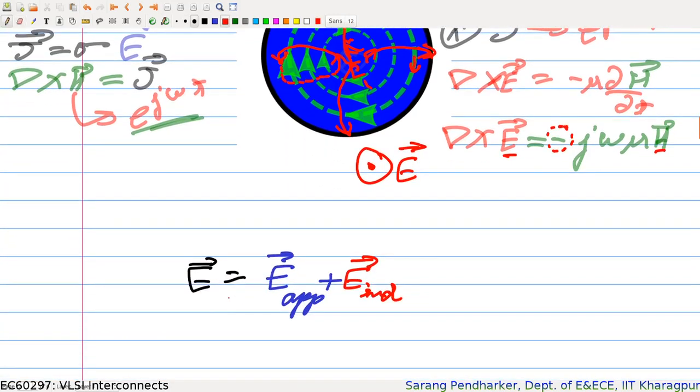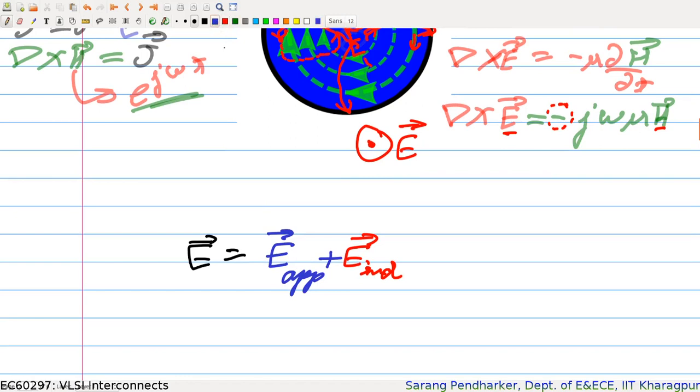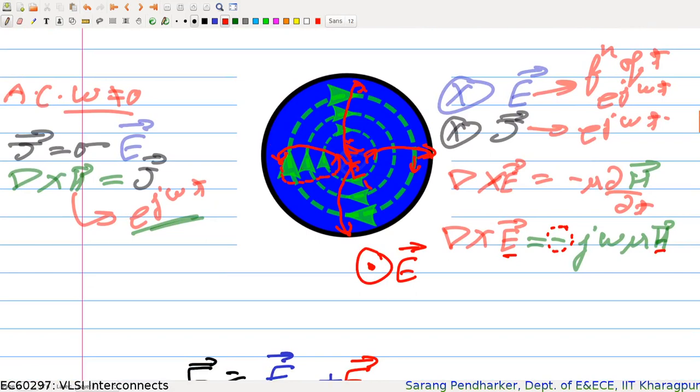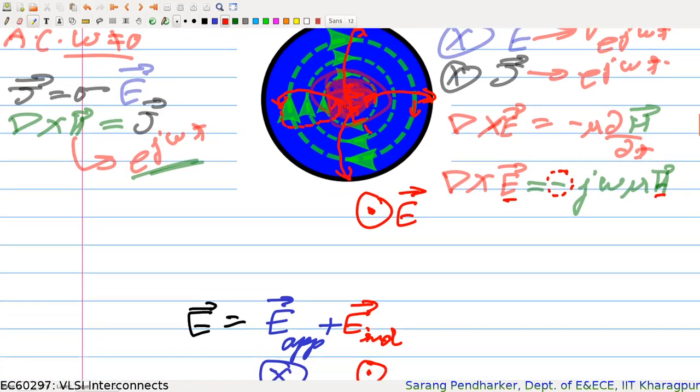So my net field would be E applied and E induced. E applied is into the plane of the paper, and my E induced is out of the plane of the paper. If you solve for these equations, we can find that in this region there would be an induced EMF. The magnitude of this would be diminishing as you go away, and therefore the net field at the center would be less than the net applied electric field at the surface.